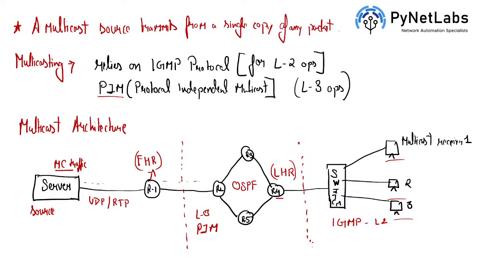When it comes to the advantages of multicast in comparison to replicated unicast, we can say that we have better resource utilization.